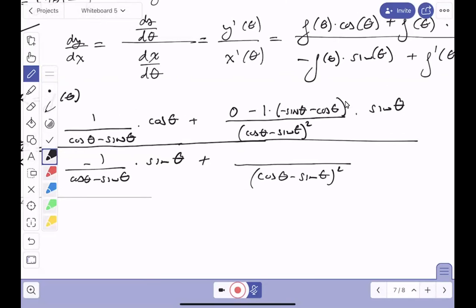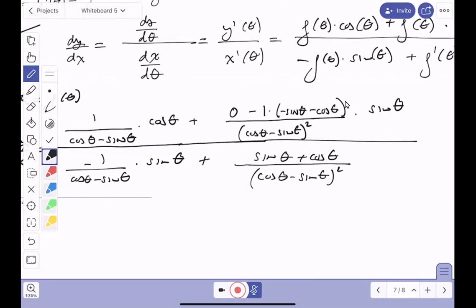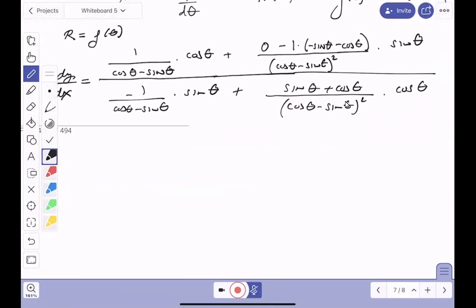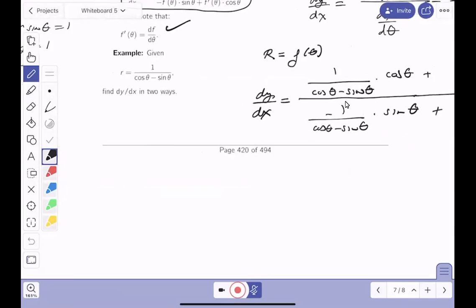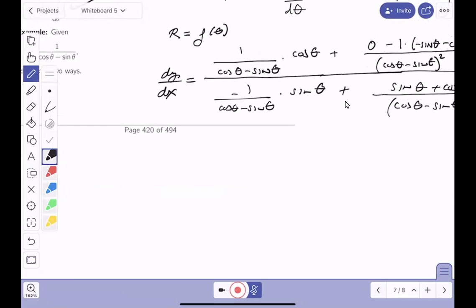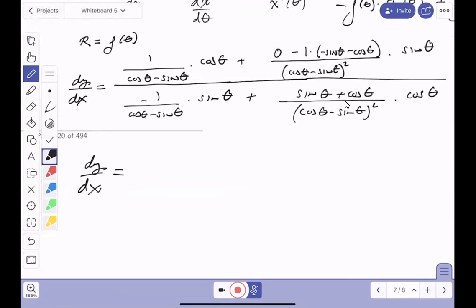What does that top simplify to? Sine theta plus cosine theta. And then don't forget the times cosine theta now. Boy, this looks like it's going to be a lot of work. Let's write this down. dy/dx. I am going to multiply the top and bottom by cosine theta minus sine theta squared.